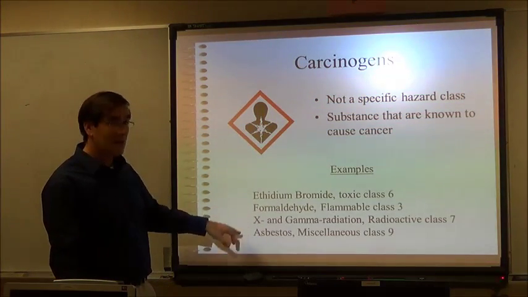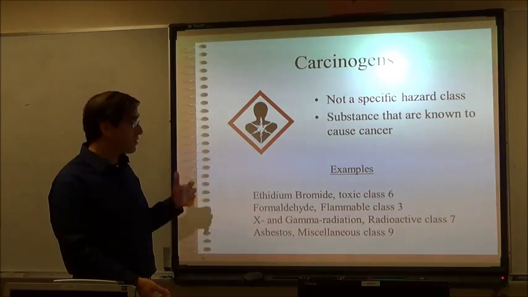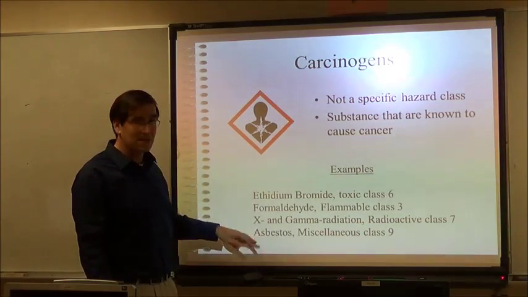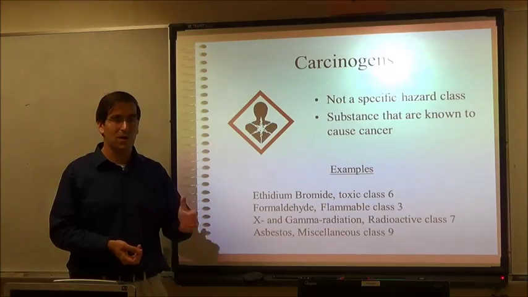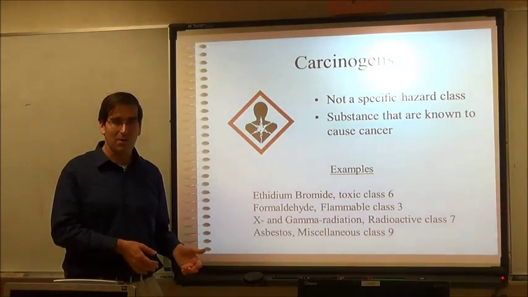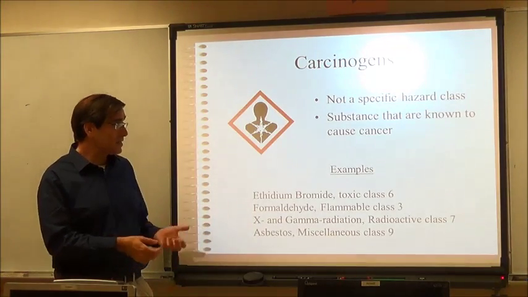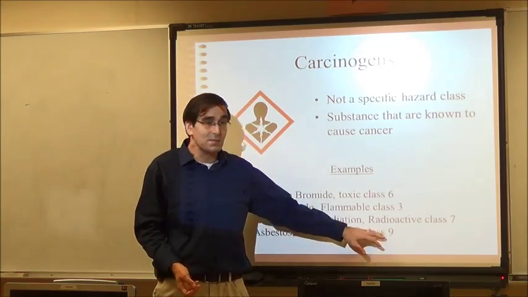Things like X-ray and gamma radiation, which is often considered to cause cancer, it's a carcinogen, but this is also class 7. And then things like asbestos, which people were very concerned about 20, 30 years ago, removing it from houses and such. They believed that it would cause cancer. It technically doesn't fall into any of the hazard classes. So this is an example of a miscellaneous class item, or class 9.